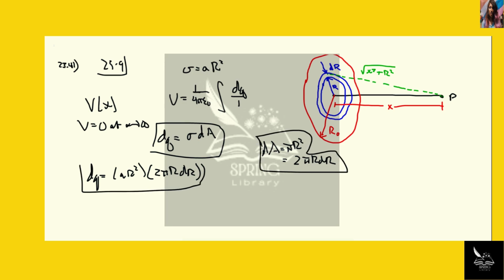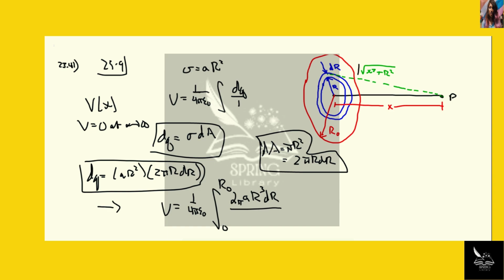So this becomes our dq, so we can plug that into our integral. 1 over 4 pi epsilon naught, integral from 0 to R naught of A r cubed times 2 pi dr. And this is over r, but we know we can write little r in terms of x and big R as given in the figure here.